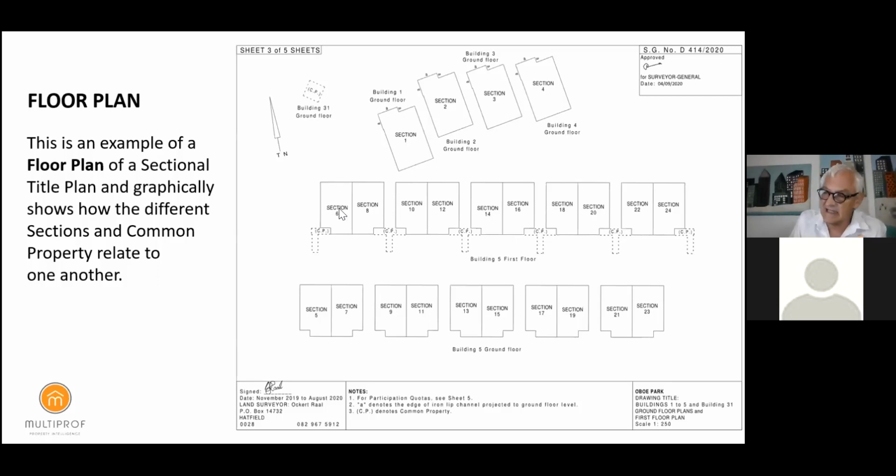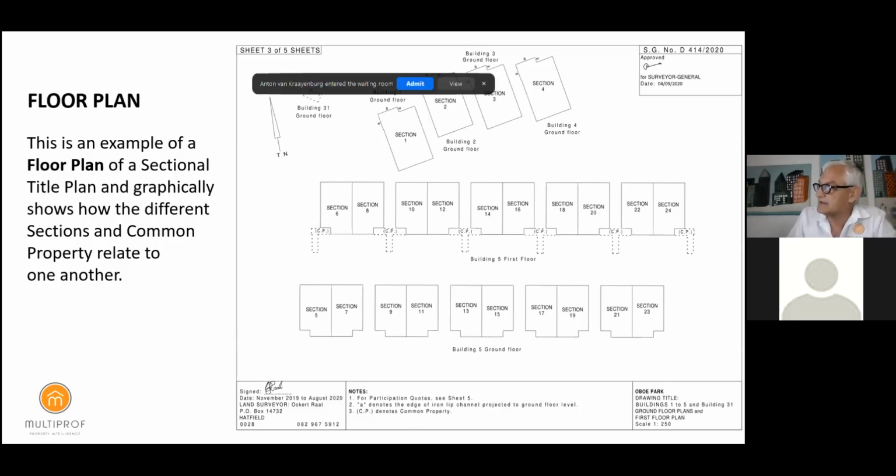The seller might tell you that there's a carport that is his, and there's a lapa that's his. If there's no proof of it in the sectional title plan or in the rules of the complex, if we talk about exclusive use areas, it is common property.